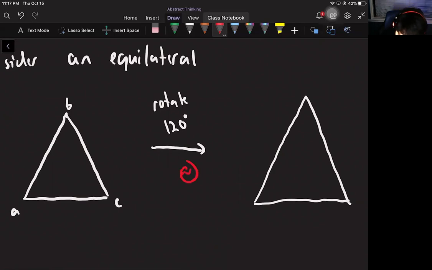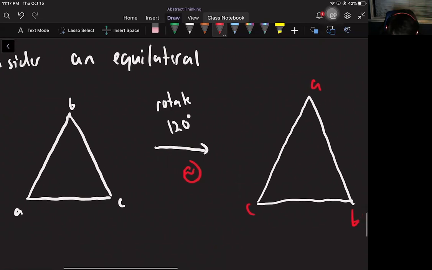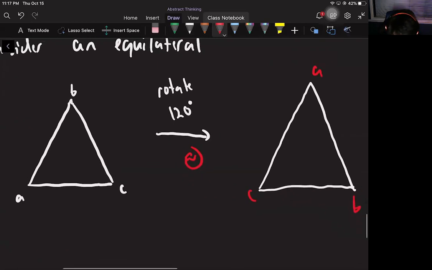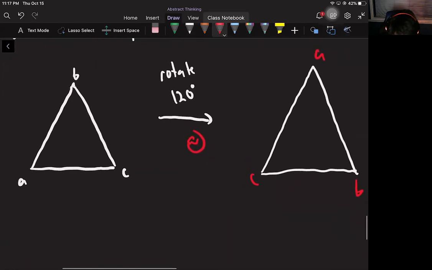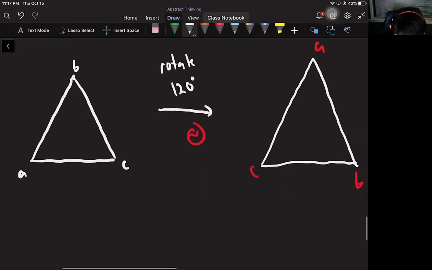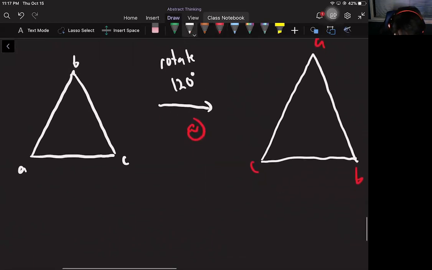So the letters are now A is there, B is there, and C is there. And we want to think about this as an operation. Well, actually, it is really an operation on the triangle. We'll make it more precise later, but that's a bit fancier to think about it. We're going to make it a little easier than that.